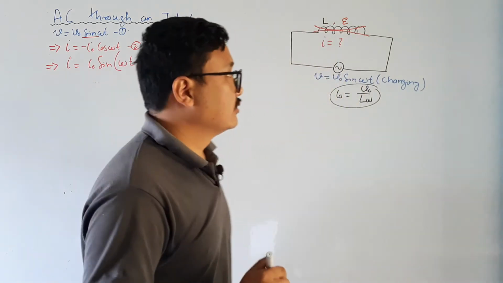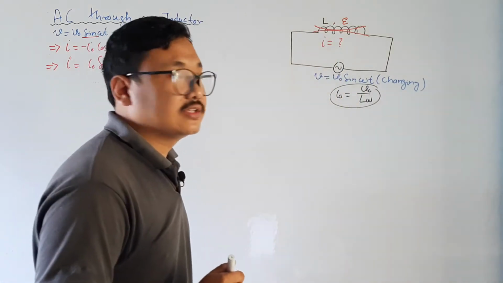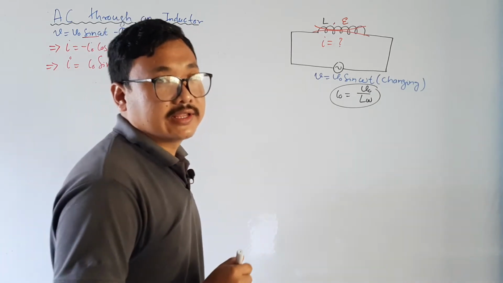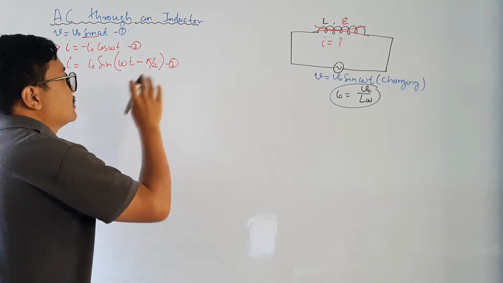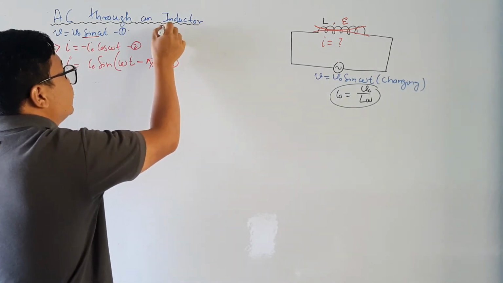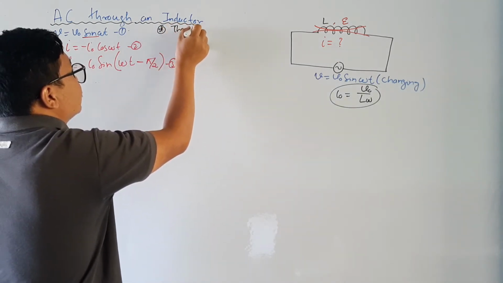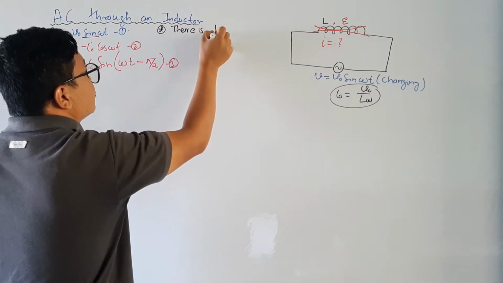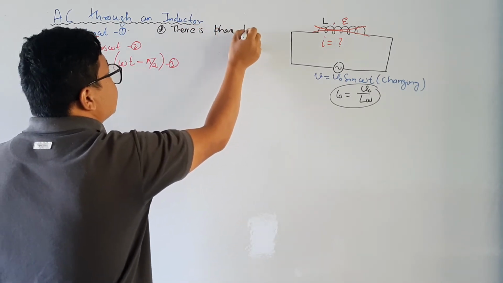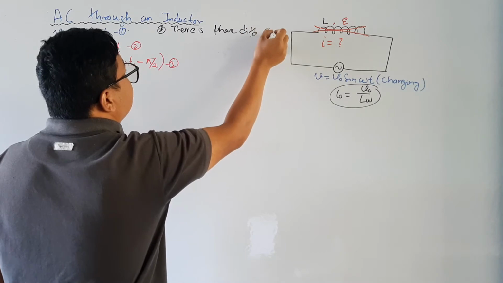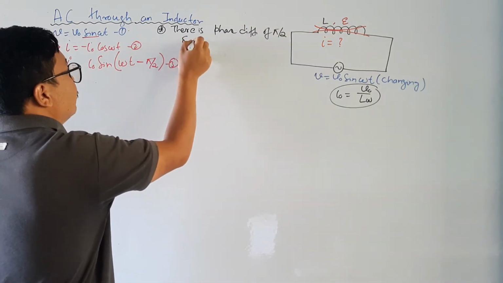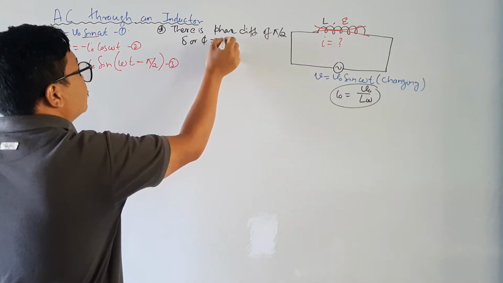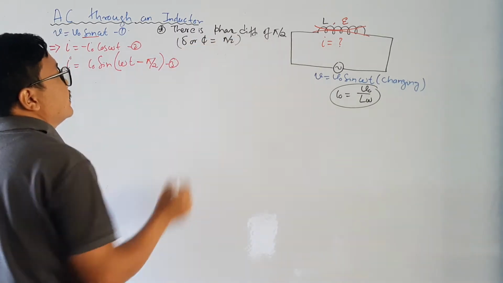Okay. So when AC voltage or AC current passes through an inductor, there is phase difference. Just write it in the sentence, there is phase difference. Okay, phase difference of pi by 2. How much is the phase difference? Phase difference is delta, or this phi is equal to pi by 2. So there is phase difference.